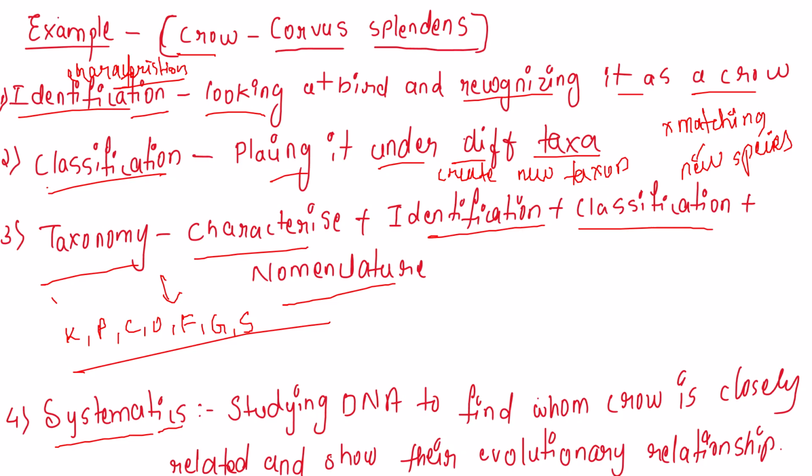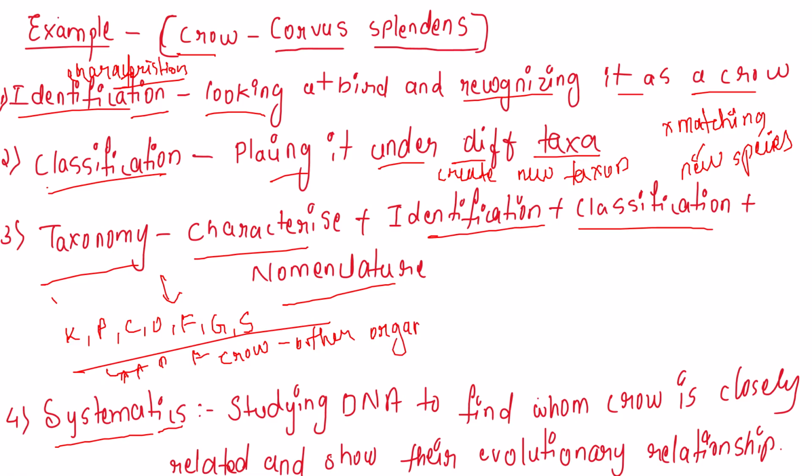We know crow is placed under kingdom Animalia, and then phylum, class, order, all of it. But we have to know what the relationship of crow is with its family members, with its order, with its class, with its phylum. How exactly is crow related to other organisms?